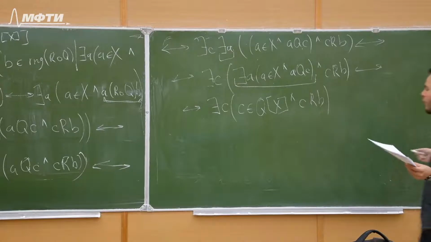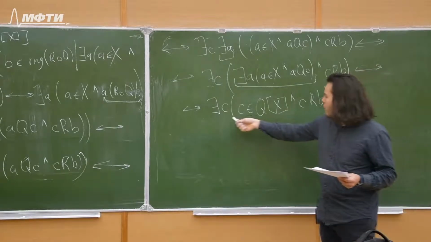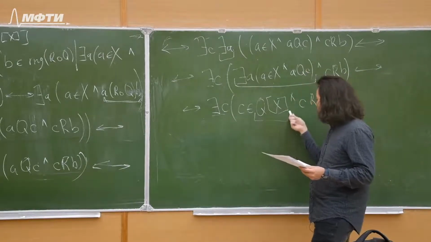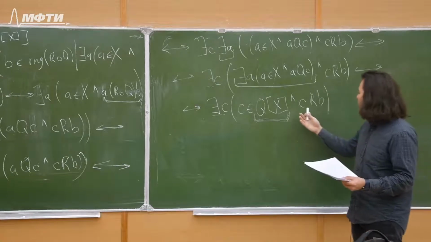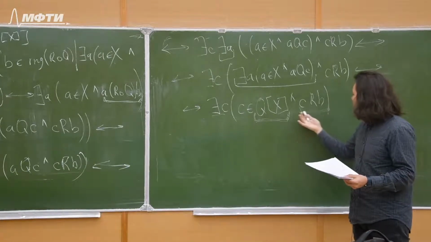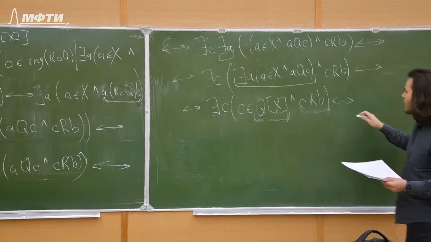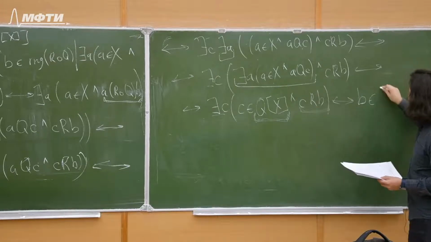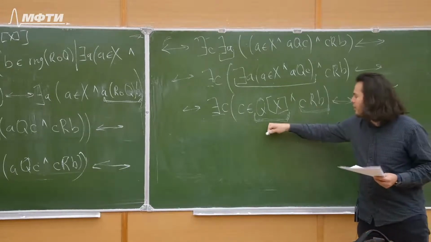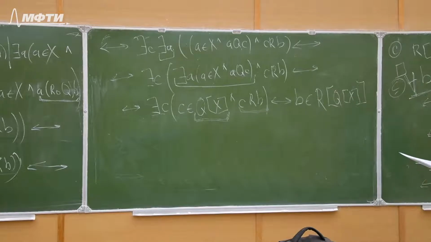If we compare all this, there exists some element that belongs to some set, which is the image of X under Q, and this pair belongs to R. So this is true if and only if B belongs to the image under R of the set QX.